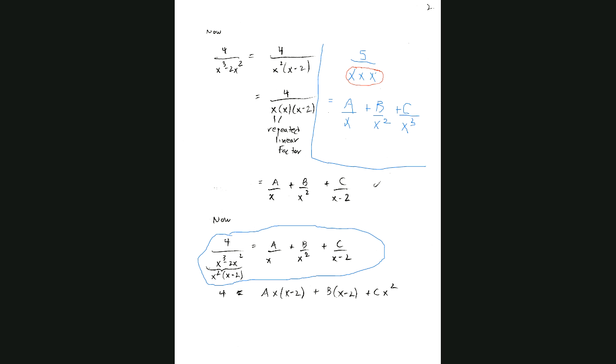And then, of course, we have to multiply both sides of this rational equation by the least common denominator, which would be, of course, x squared times x minus 2.